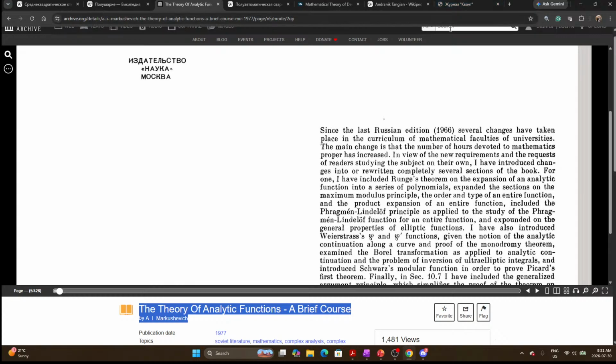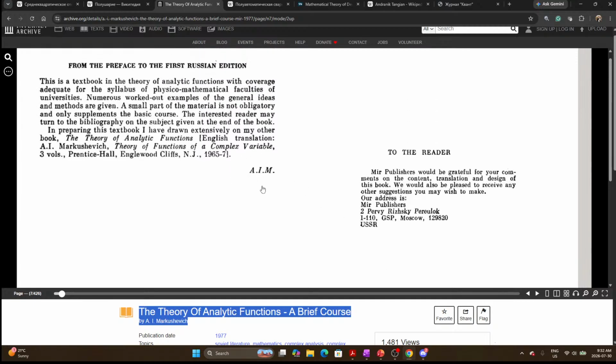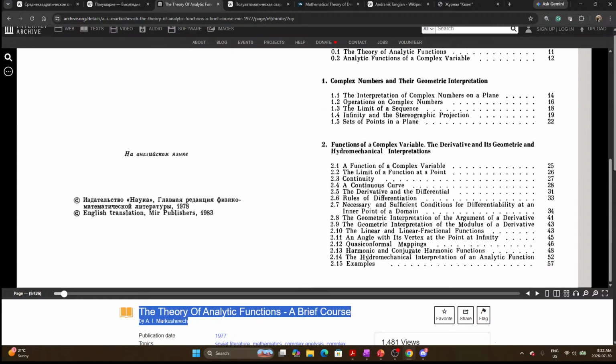Whereas in a Western classic, and I'm not trying to poo-poo Western mathematics in general, the presentation itself tends to be segregated between pure and applied mathematics. For example, this one by Western standards should be a textbook for pure mathematics. But here you will see things like the hydromechanical interpretation of an analytic function, which is awesome, because the meaning of a complex derivative is very different from a real derivative.